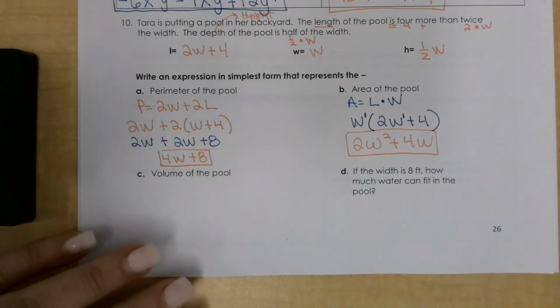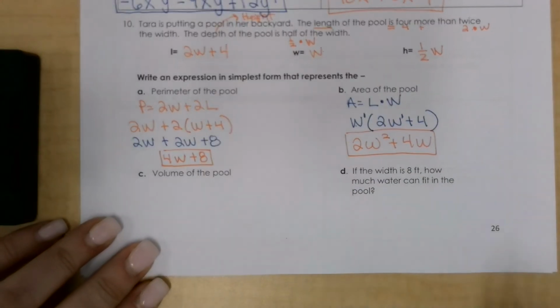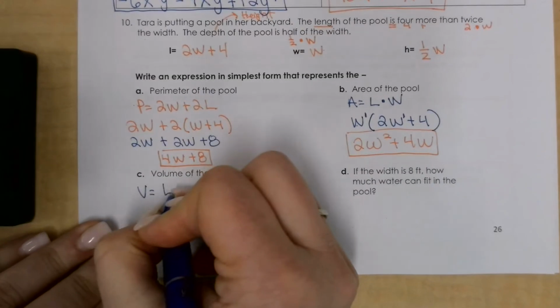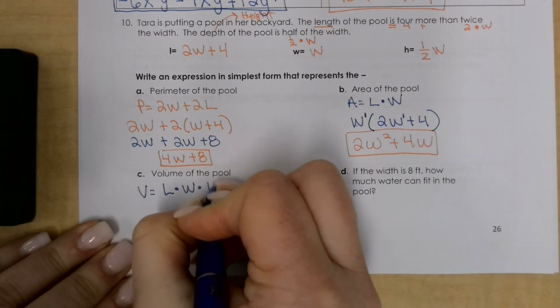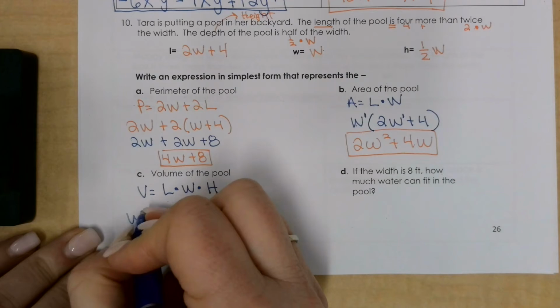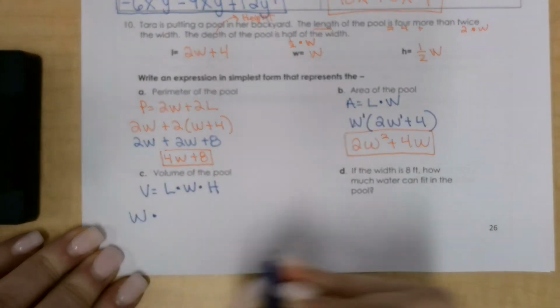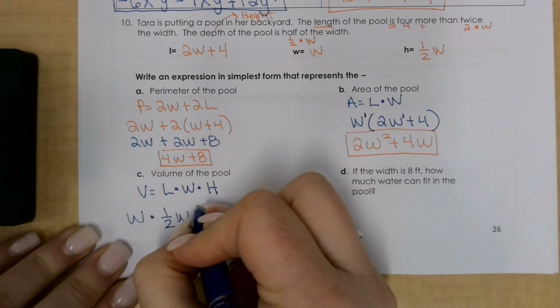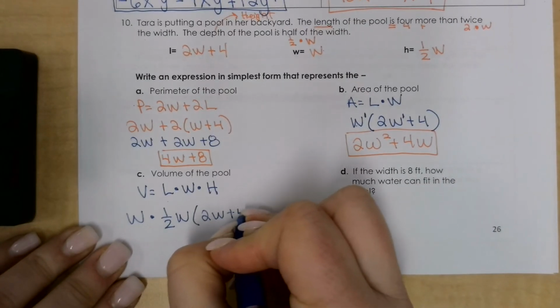Finally, the volume of a cube or a rectangular prism can be found by multiplying the length times the width times the height. So now I have W, there's my width, kind of doing this a little backwards, times half W times 2W plus 4.